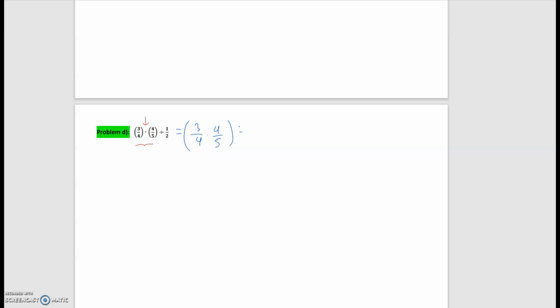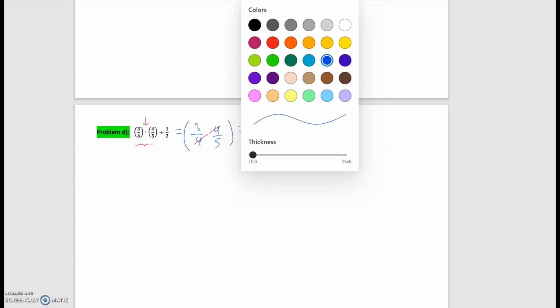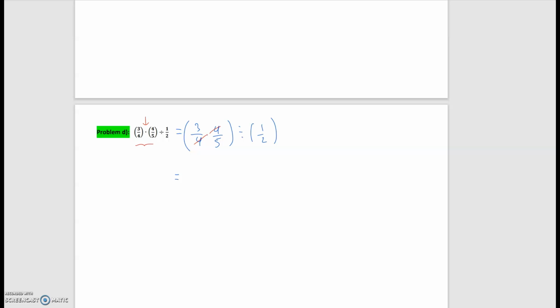And then we still have the division sign, and then the 1/2. So by order of operations, we work on these from left to right. Multiplication came first. So as we multiply the first two fractions, technically we're going to have just the 3/5.